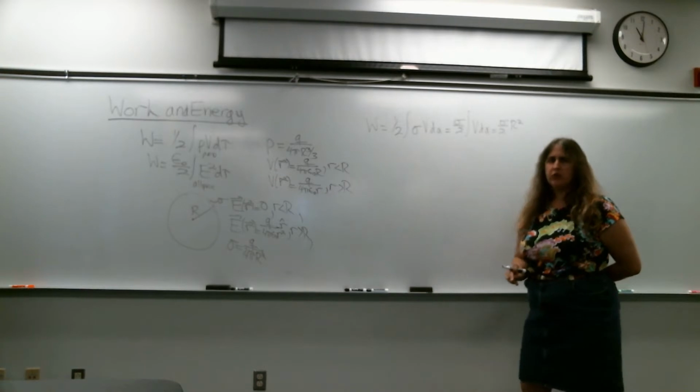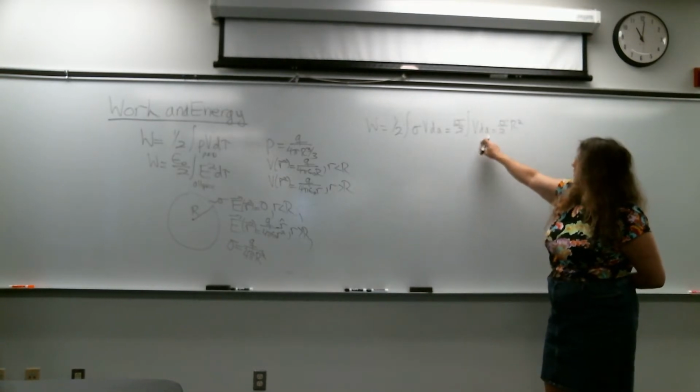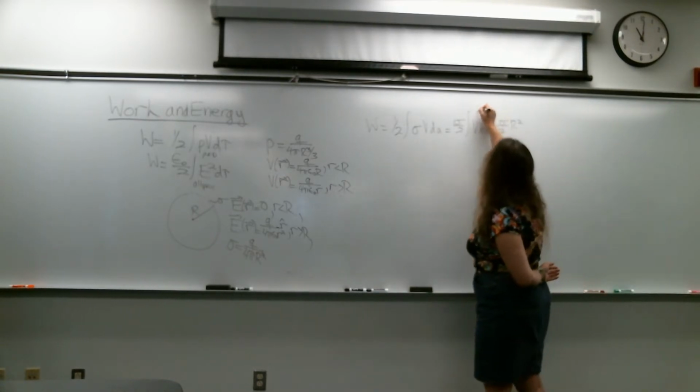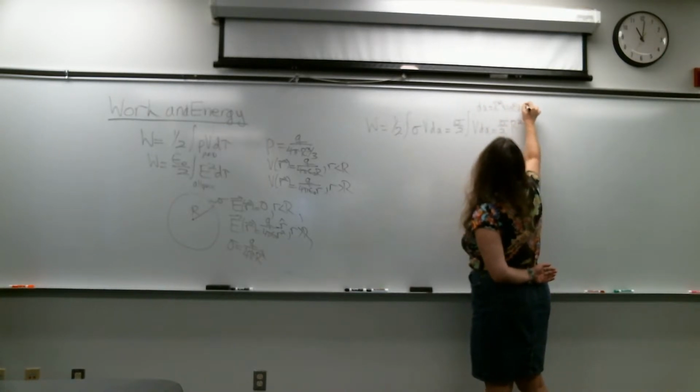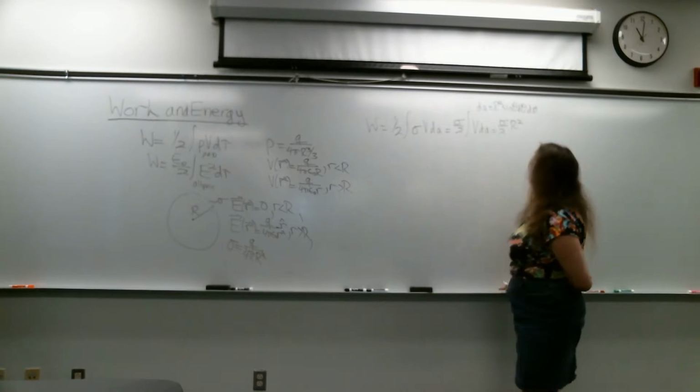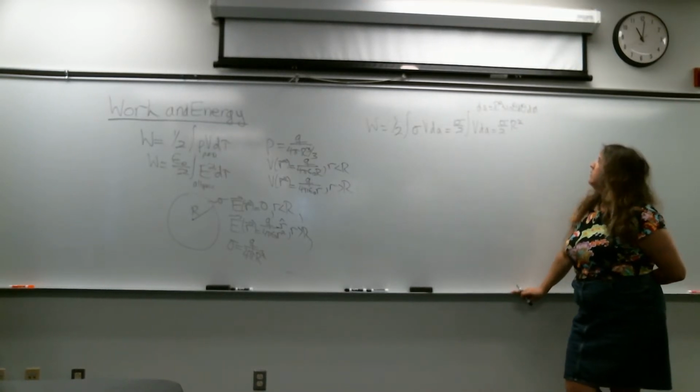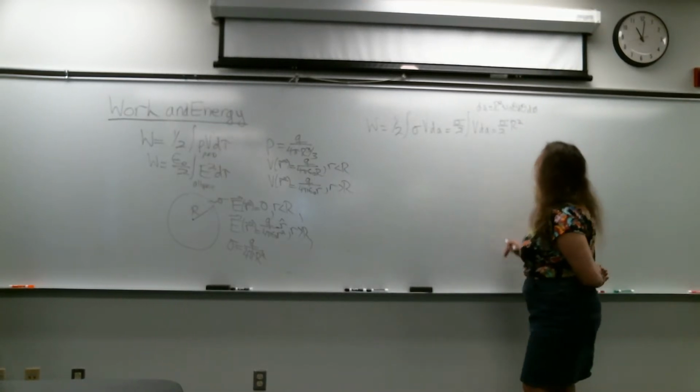We get an r squared term because of integrating over a surface element. Remember, the surface element is equal to big R squared sine theta d theta d phi.